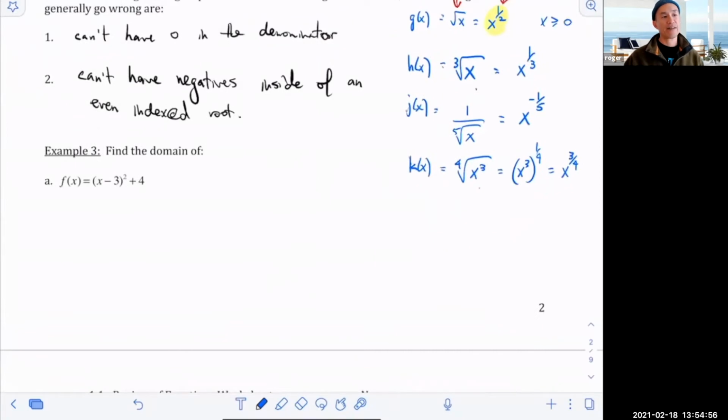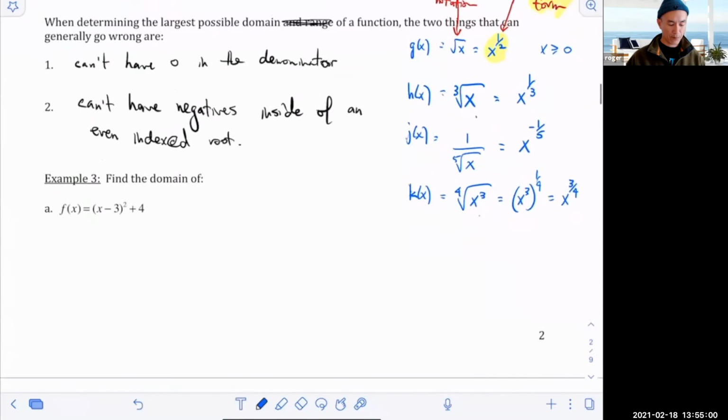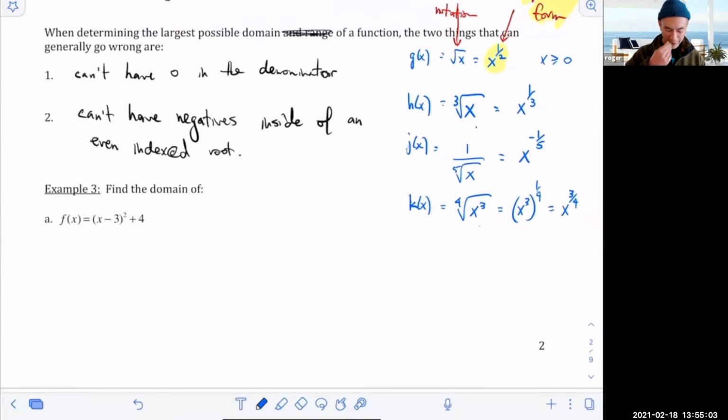Let's say you wanted to find the domain of this. Does anyone have an answer for part A here? What do you think the domain is and why? Let's say you didn't know how to start. You're like, Dr. Yang, I understood everything you said, but when you ask that question, I don't know how to start.